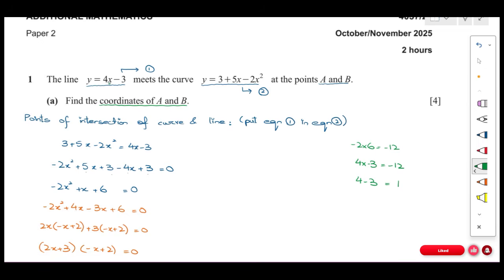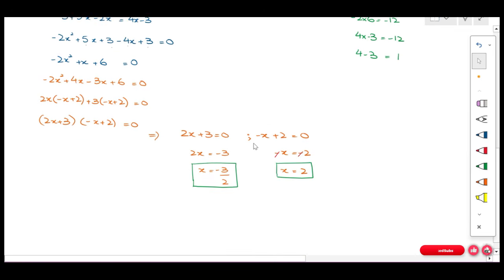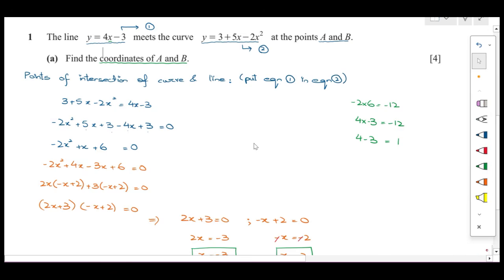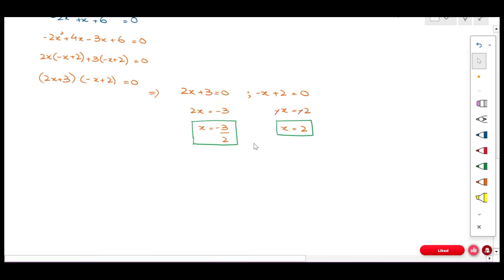So we need to solve for the y coordinate. Now just substitute the x value into this equation or this equation. You can solve for y. This is up to you. I would like to substitute into the first equation, which is y equals 4x minus 3. So here we can say put x values in equation 1, which is y equals 4x minus 3.